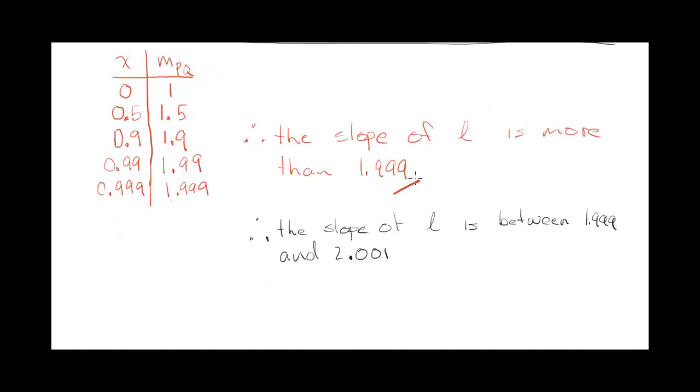It could be something else based on this, right? There are numbers other than 2 that are between those, but we can be reasonably confident, at least to 4 decimal places, that 2 is a good estimate.